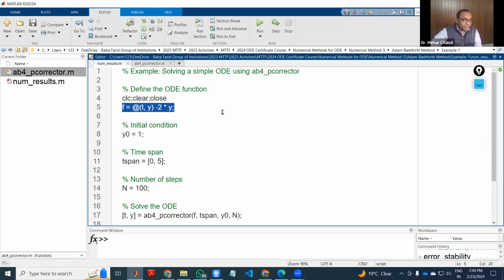Okay, and by using an anonymous function, we write dy upon dt is equal to minus 2y. So this is our main differential equation, and this is the initial condition. The time span we are choosing at this place is 0 to 5, and the number of steps we have is 100. You can manipulate this equation, this condition, this interval, and this.